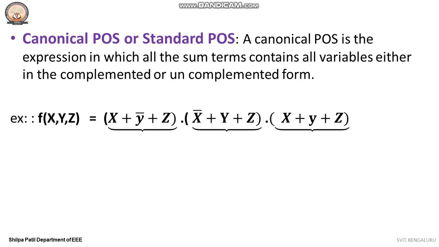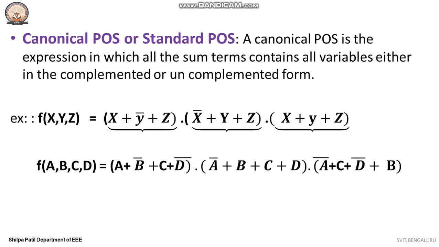See, all the sum terms have all three variables in complemented and uncomplemented form. Similarly, we can take another example here. Again, we have three sum terms, and all the sum terms have all the four variables. So this is about standard SOP and POS.